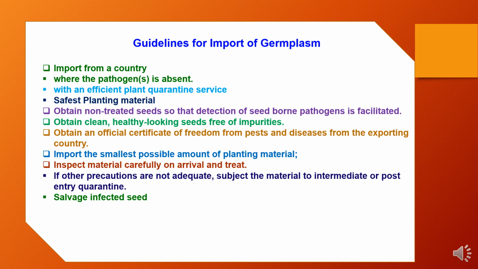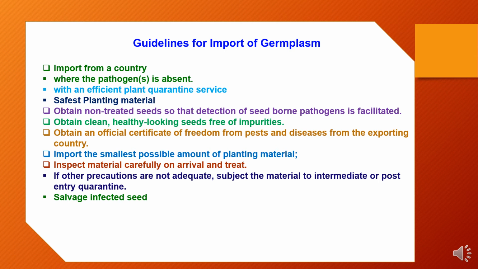Obtain planting material from the safest known source within the selected country, and obtain non-treated seed so that detection of seed-borne pathogens is facilitated. We should obtain clean, healthy-looking seeds free of impurity, and obtain an official certificate of freedom from pests and diseases from the exporting country.